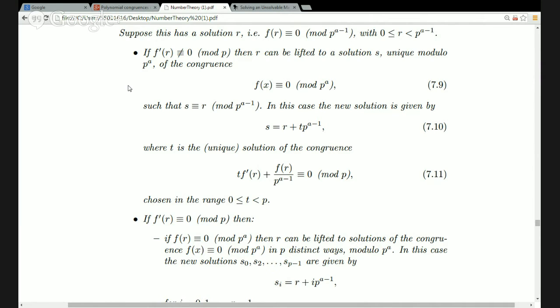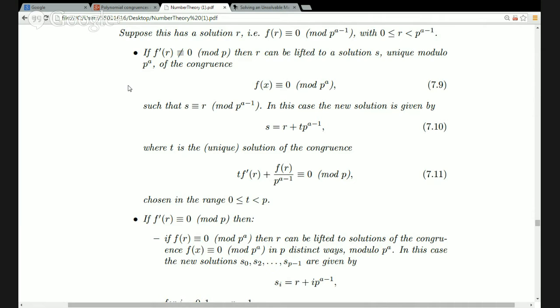Something times t, it's this value, f prime of r, which is non-zero in this case, times t plus this number, f of r divided by p to the a minus 1, congruent to 0 modulo p. And t is the unique solution of that in the range 0 to p.